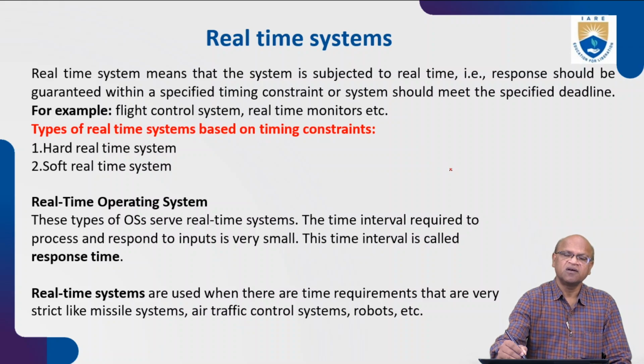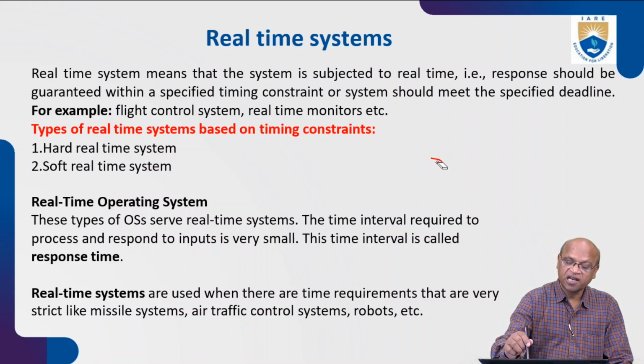In the same way, suppose there is a furnace. If the temperature increases beyond a certain range, the furnace should be switched off by software. If it could not be done in time, the complete furnace will blast. So that's what a real-time operating system is: accurate and time sensitive.